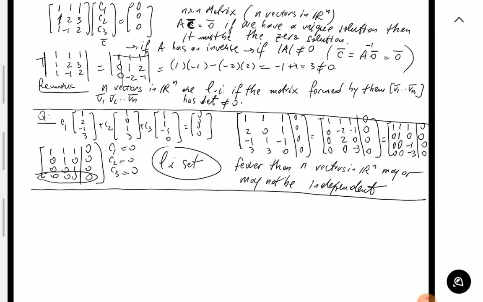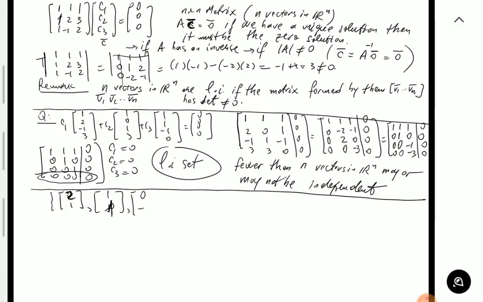All right, so let's look at the flip side. What can we say about the independence if we have more than n vectors in Rn? So let's look at the following set in R2. Let's say 2, 1, 1, 1. Make it less trivial.